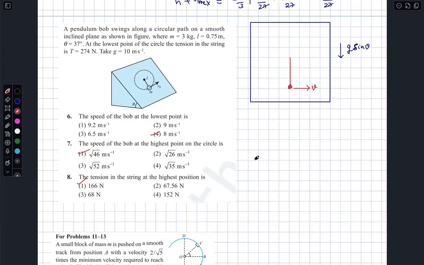Right. Now you see, don't write mg here; you should write mg sin theta.